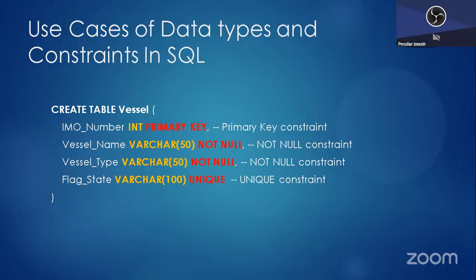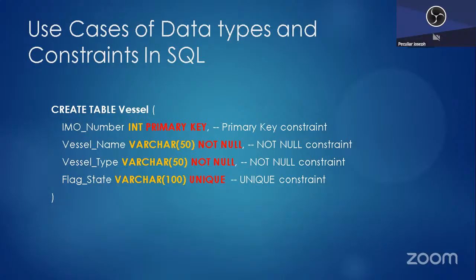Like I said before, every table must have a primary key. So when I'm creating a vessel table, it just makes sense that my IMO number is the primary key.